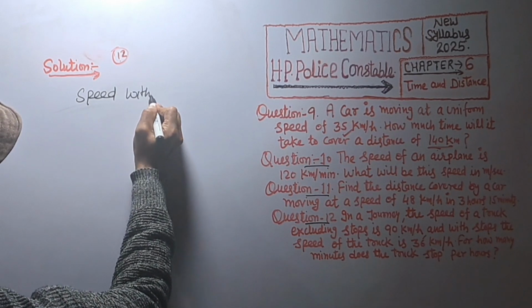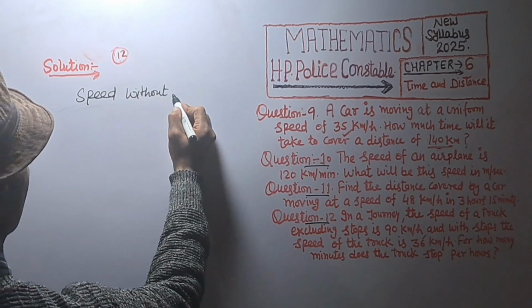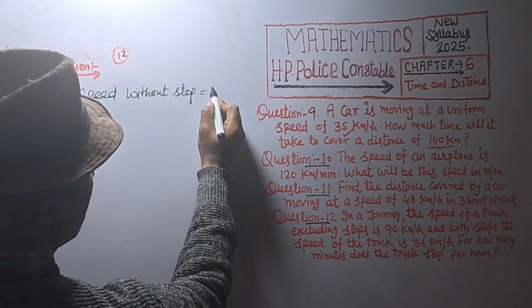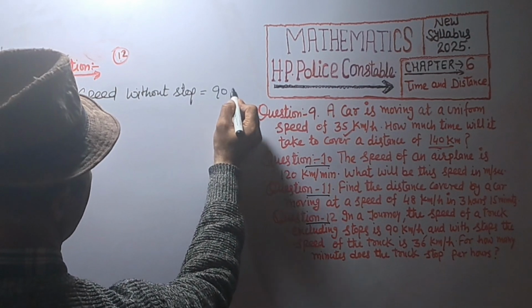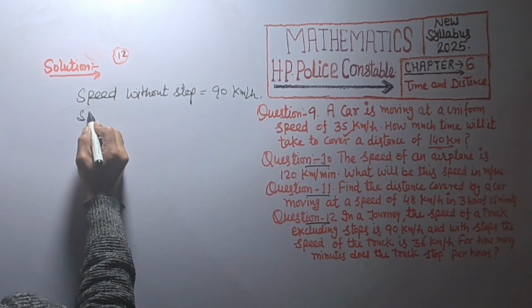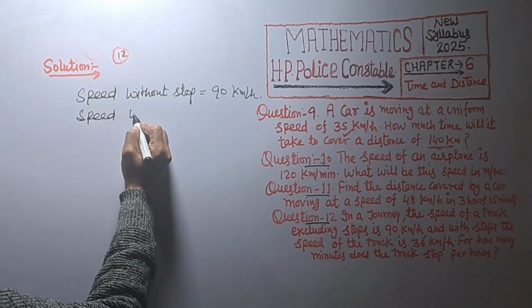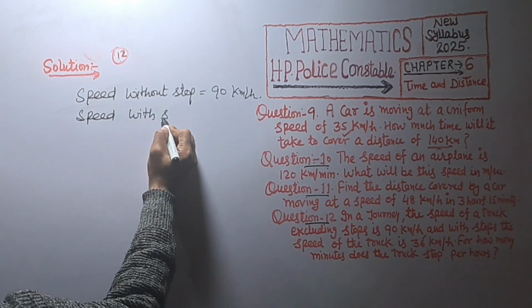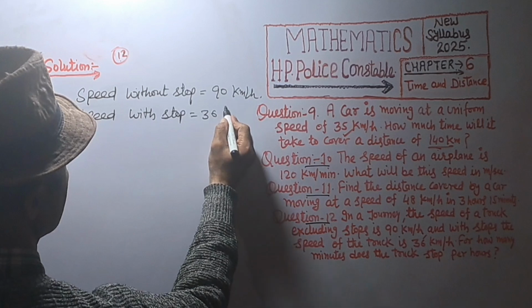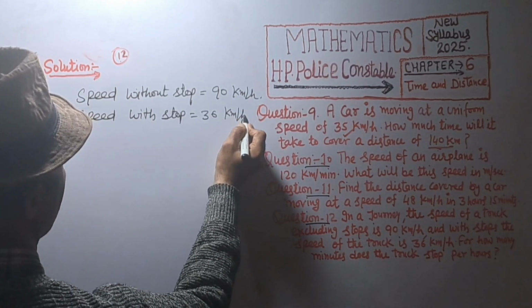Speed without stop equal to 90 km per hour. Speed with stop equal to 36 km per hour.